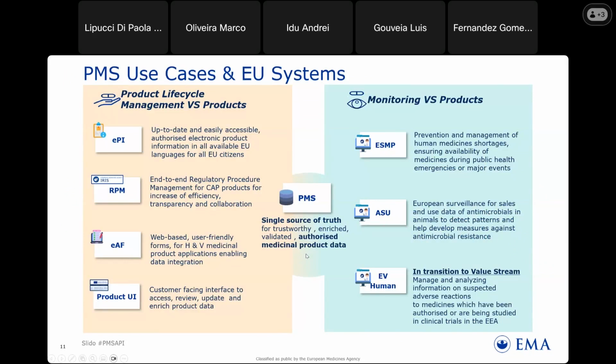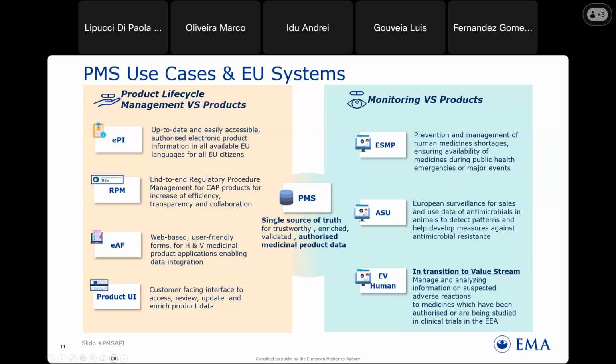We know that this is going to happen in a couple of years, because at the moment we have two systems from which we migrate the data. PMS is taking data from XVMPD and SciMed, which is our EMA internal system. But in the future, we want to become the single source of information of authorized products data.